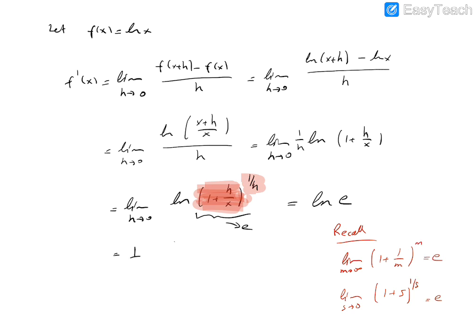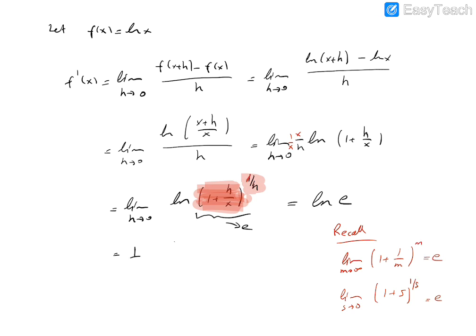So now here this is h over x, so it is like that point where h goes to 0. We have the exponent 1 over h over x, but this is 1 over h, so it should be x. So how can we obtain the x? By multiplying and dividing by x in that part. So let's add the x and multiply by 1 over x.